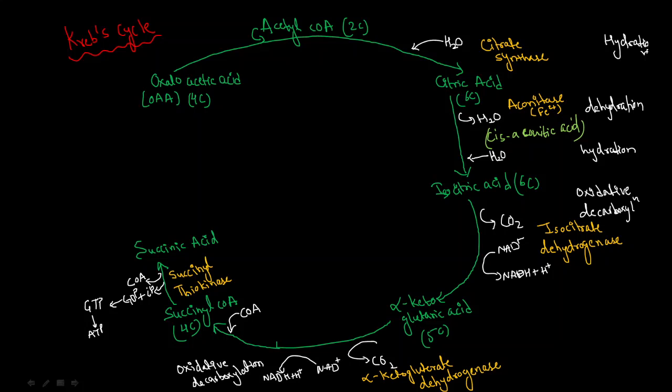So no decarboxylation has happened. So now we are not going to decrease the carbon number. So succinic acid again is going to have the same number of carbon, that is 4 carbon in it.